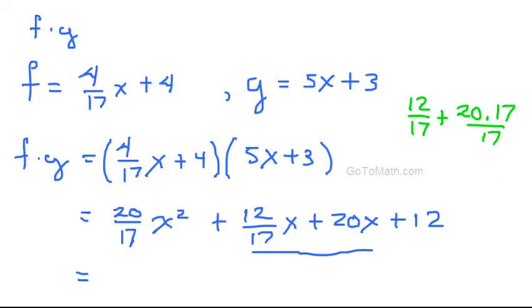What a mess. 12 plus 20 times 17 is 352 over 17. Okay. Alright, so let's go back to blue here. So we're going to have 20/17. It's like I'm running out of screen here.